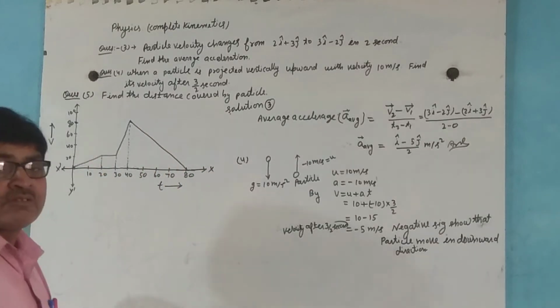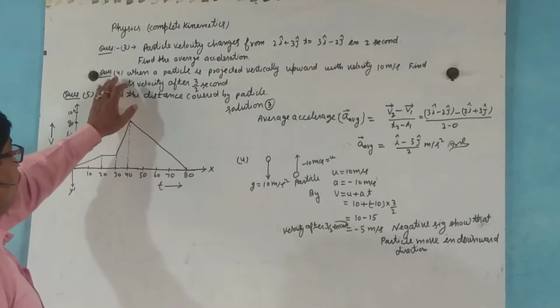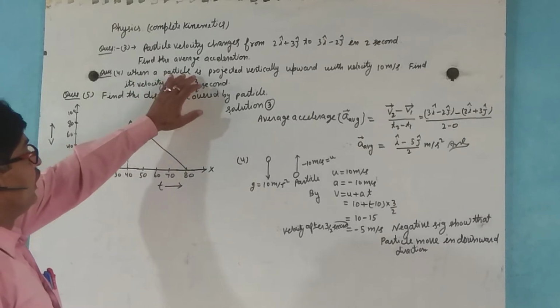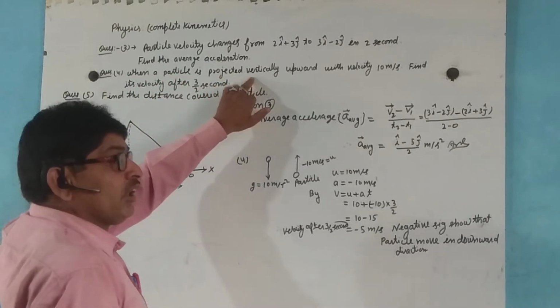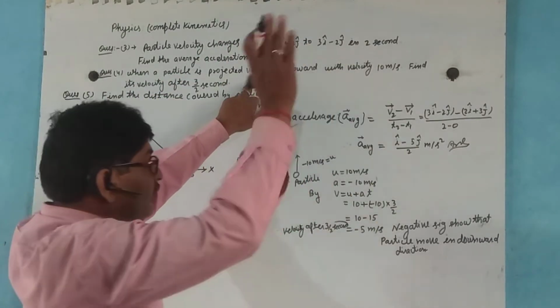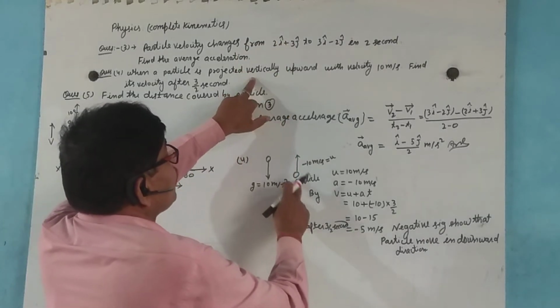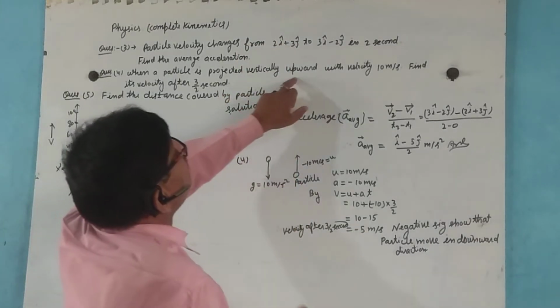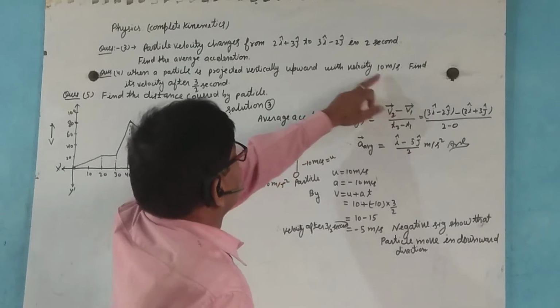Now we see question number 4. A particle is projected vertically upward with velocity 10 meter per second.